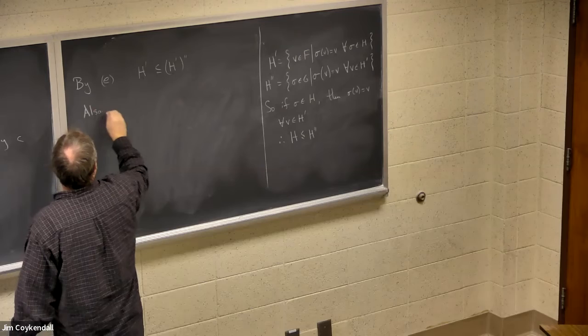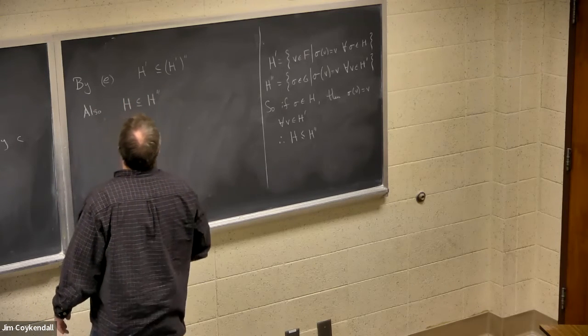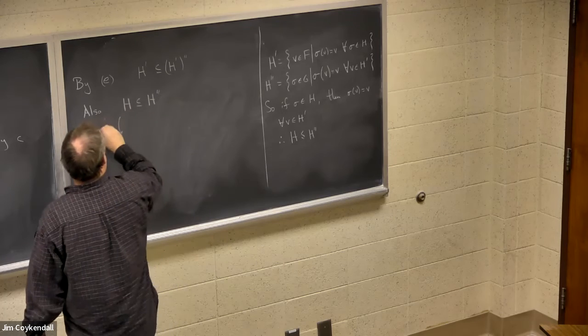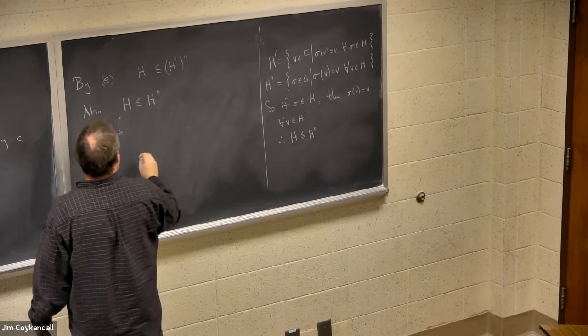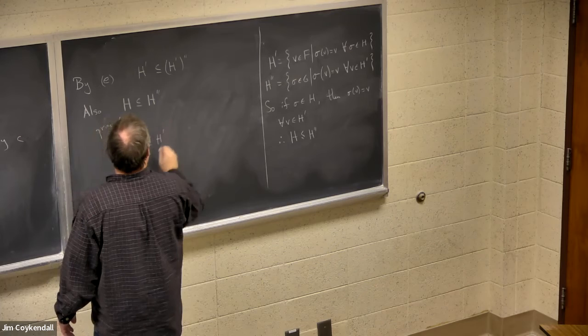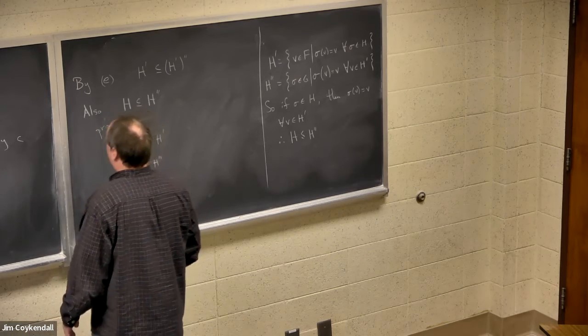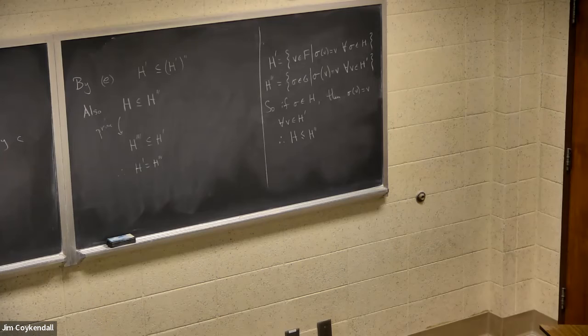Also, H is contained in H double prime, so you prime again. And again, this reverses the inclusion. There's lots of operations like this in mathematics that stabilize after one step, or after two.